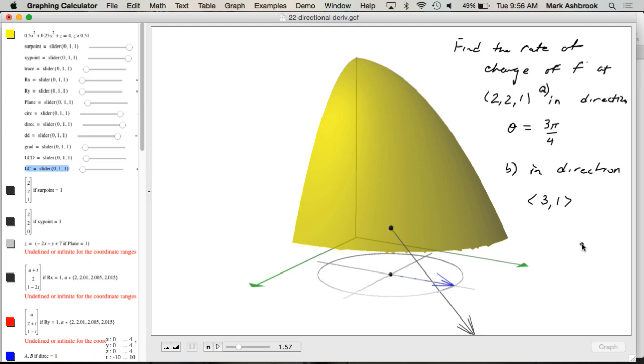So given our surface that I gave you, and the same point, the point 2, 2, 1, find the rate of change of f in the direction of theta equals 3 pi over 4. Can you tell me where that would be? Here's 0, right? So where would 3 pi over 4 be? Did I miss it?